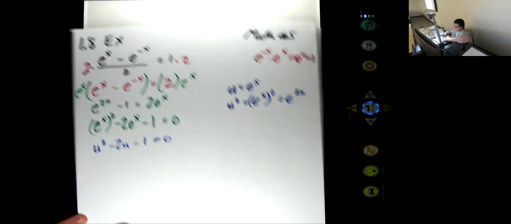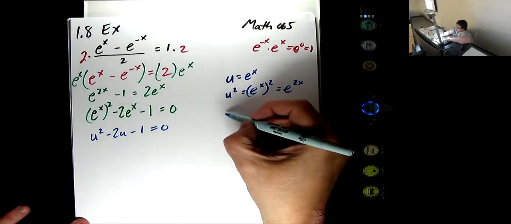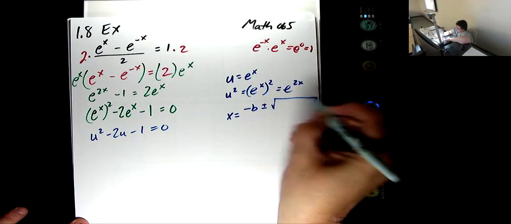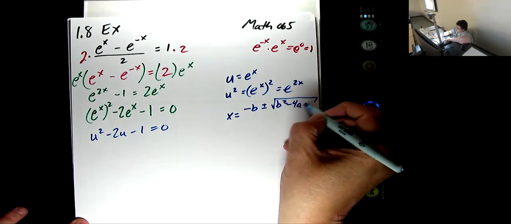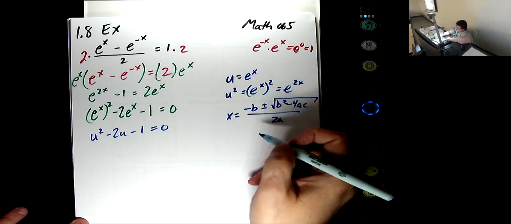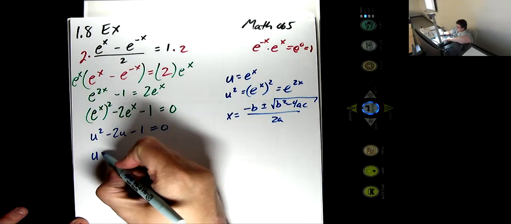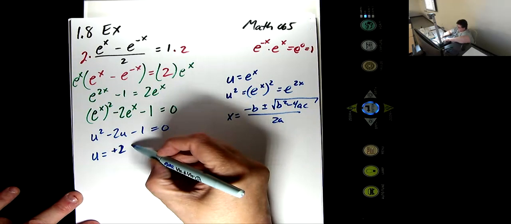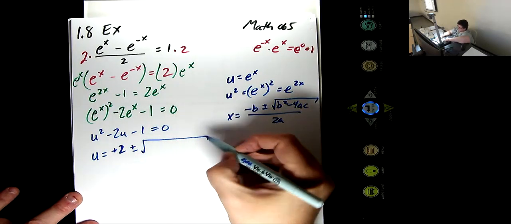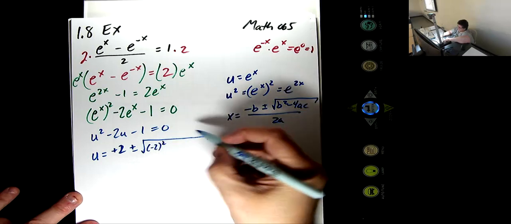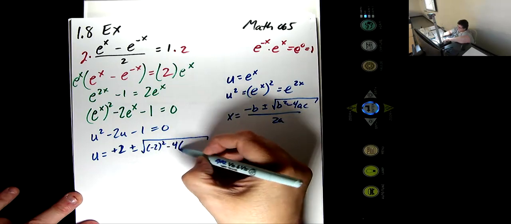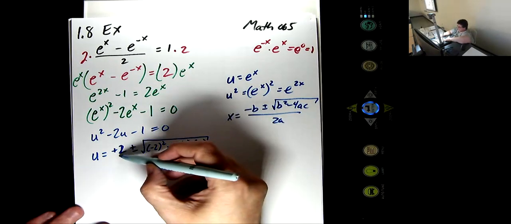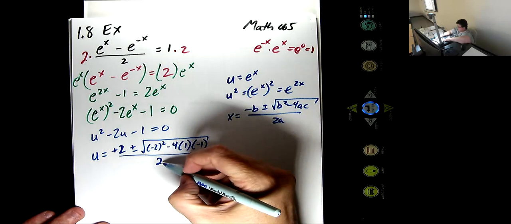Now, this is a quadratic formula problem. You guys remember it as negative b plus or minus the square root of b squared minus 4ac over 2a. We're going to apply that here with u. u equals negative b, which is positive 2, plus or minus the square root of negative 2 squared, which is b squared, minus 4 times a, which is 1, times c, which is negative 1, and then we have it all over 2 times 1.